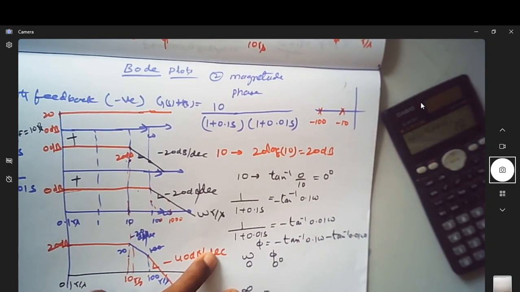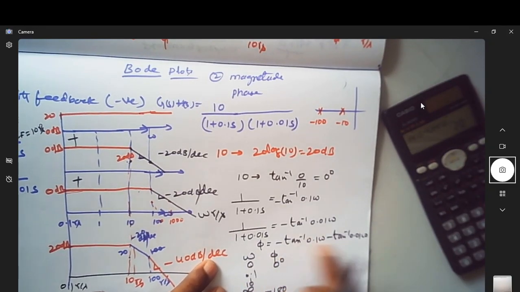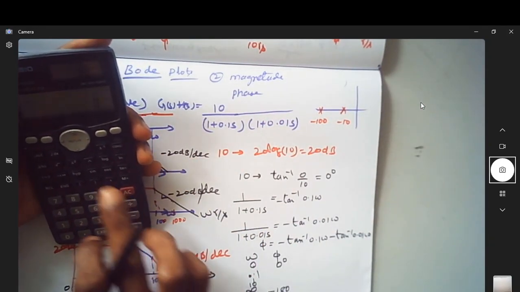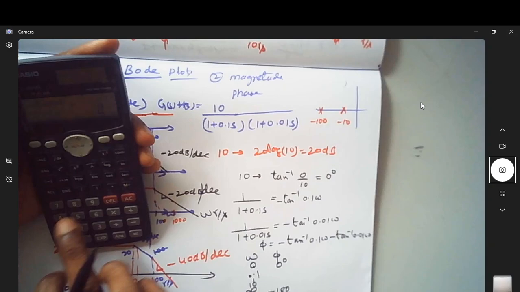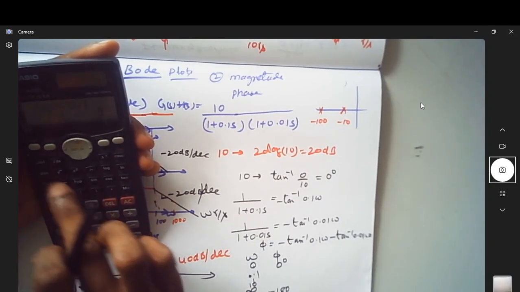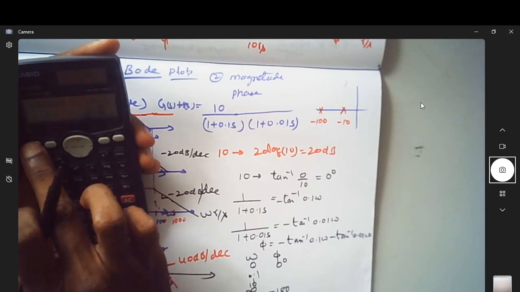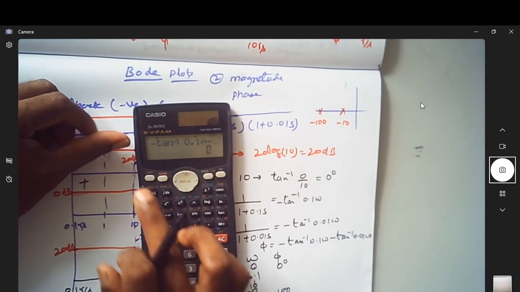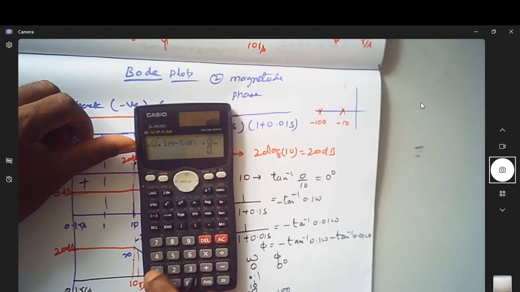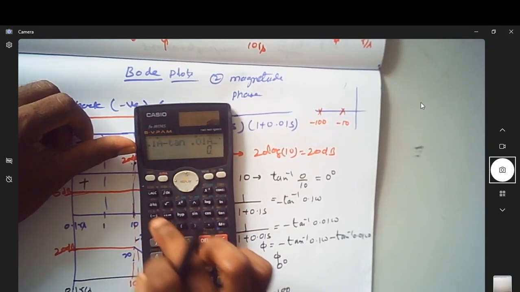So both are summing up and giving minus 180. So give it as 0.1, give it as 1, give it as 10. So for different values of omega, the phase is minus tan inverse of 0.1 omega minus tan inverse of 0.01 omega.